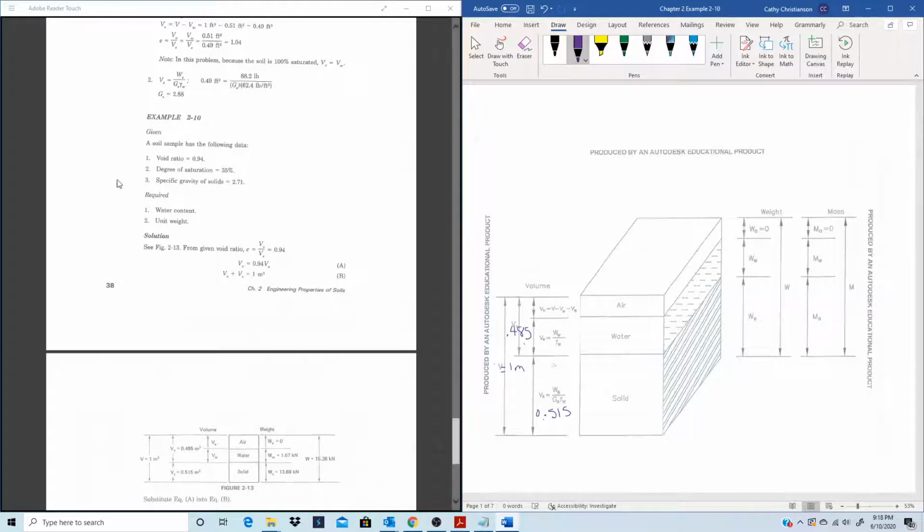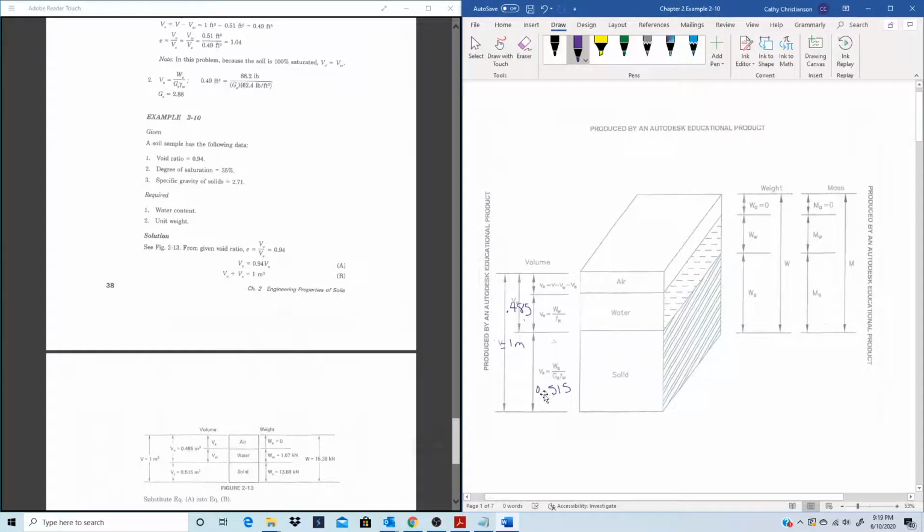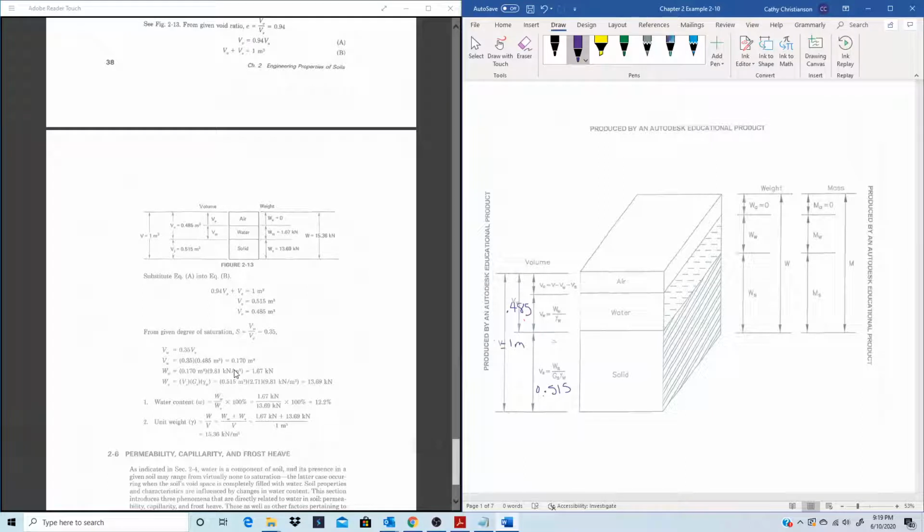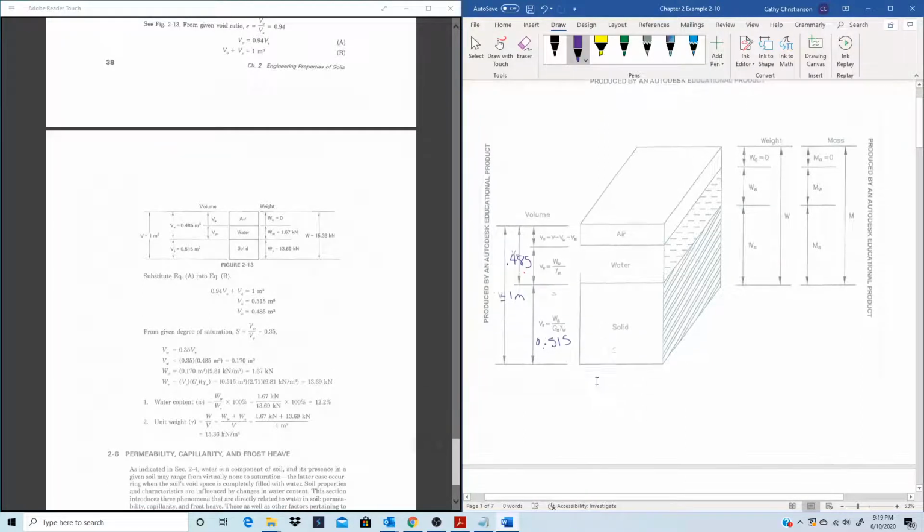Okay, so they also gave us degree of saturation and the specific gravity of the solid. So I'm going to go ahead and do the degree of saturation, and then the specific gravity of the solid.